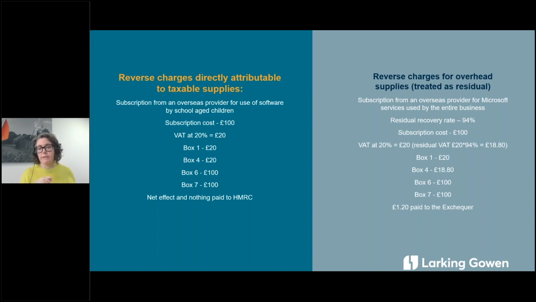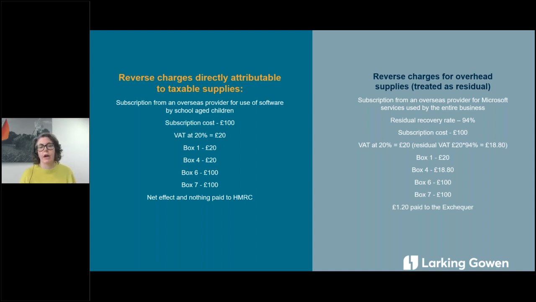We calculate the VAT on the outputs, so the income, at 20%, as though we were the business selling that license. And then we have to think, how much of that £20 can we recover? Just like you would do had you bought this license from a UK business. And in this instance, we're saying we can recover 94% of £20.